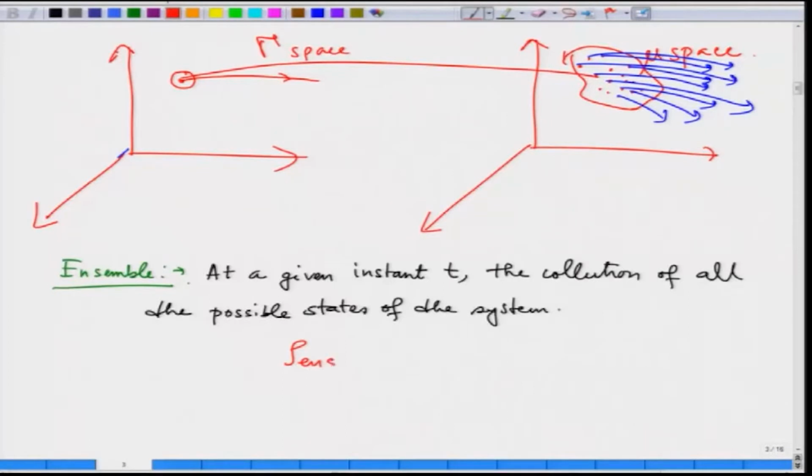We also defined that if the points of the ensemble are sufficiently densely situated in the phase space, then we can define an effective density for the states, and we call that rho ensemble.